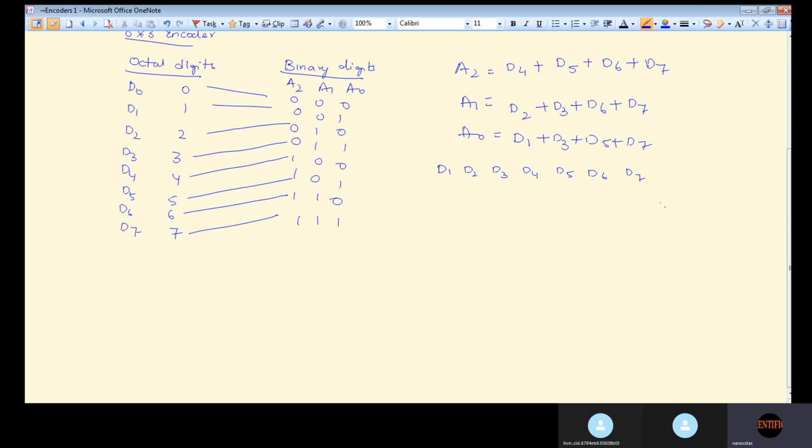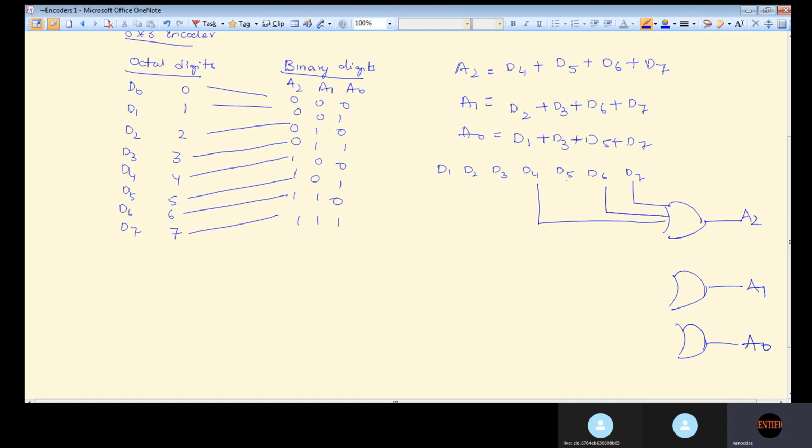You take 3 OR gates: 1, 2, 3. What are the outputs of these 3 OR gates? This is A2, this is A1, this is A0. What are the inputs for A2? Tell me, D4, D5, D6, D7. So D7, D6, D4, D5. A1 has D2, D3, D6, D7.